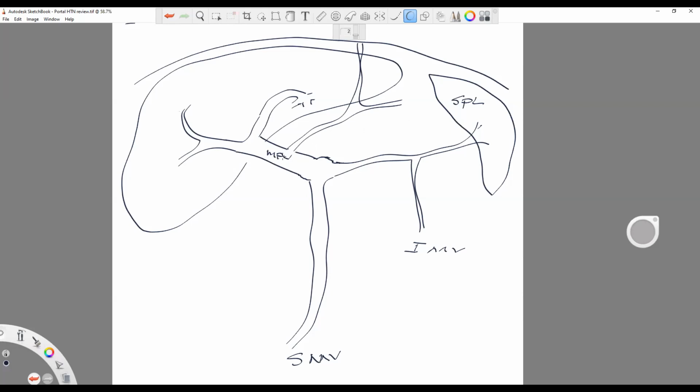This is small. Under normal circumstances, we do not see this vein. Part of it goes to the stomach. Part of it actually will go up to the lower third of the esophagus. Okay.